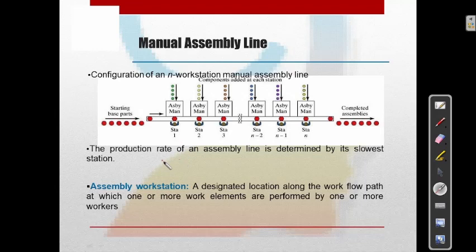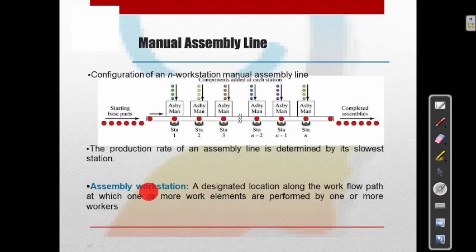The production rate of an assembly line is determined by its slowest station, because if any station takes more time, that will affect the whole remaining work. Then the assembly workstation is the designated location along the workflow path at which one or more work elements are performed by one or more workers.